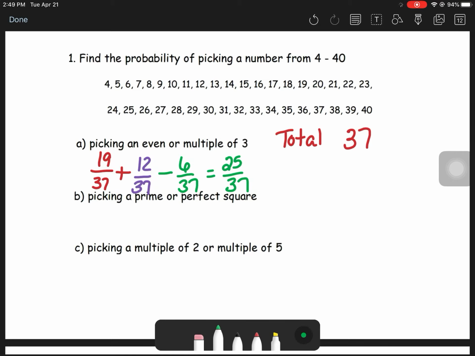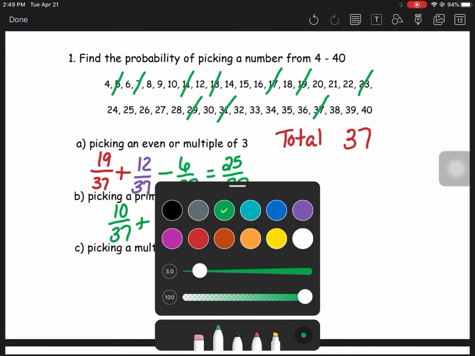So that would be 5, 7, 11, 13, 17, 19, 23, and then we would have 29, 31, and 37. 1, 2, 3, 4, 5, 6, 7, 8, 9, 10. We have 10 numbers that are prime out of our total of 37.